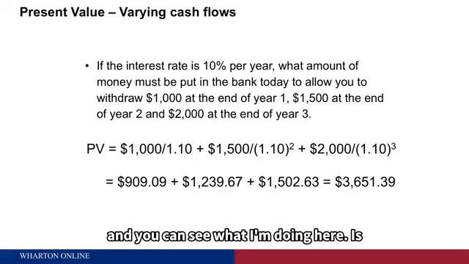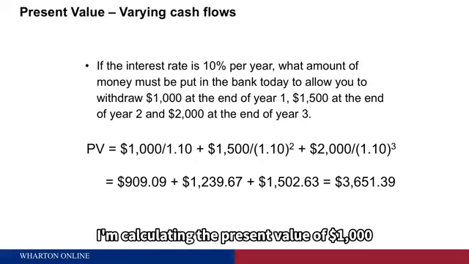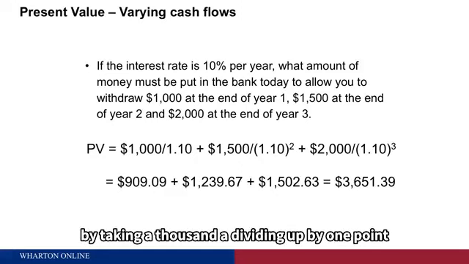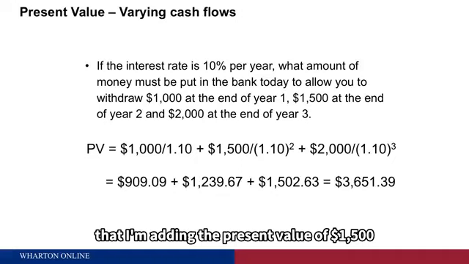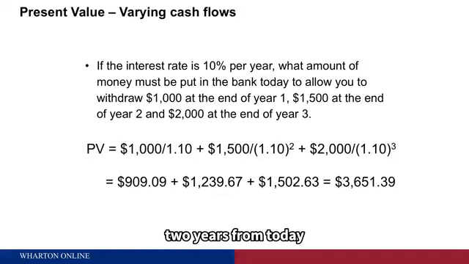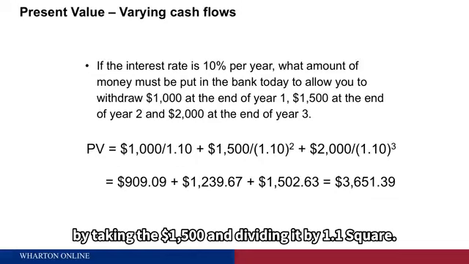And you can see what I'm doing here is I'm calculating the present value of the $1,000 a year from today by taking 1,000 and dividing it by 1.1. And to that, I'm adding the present value of $1,500 2 years from today by taking the $1,500 and dividing it by 1.1 squared.